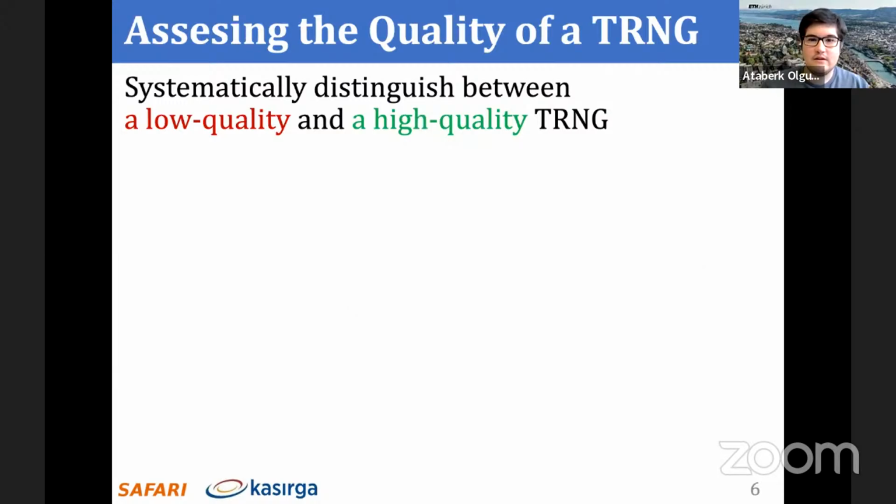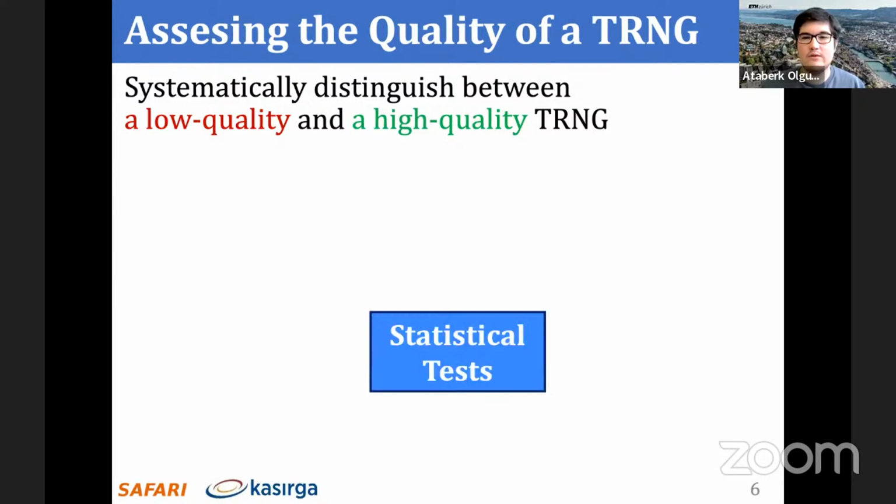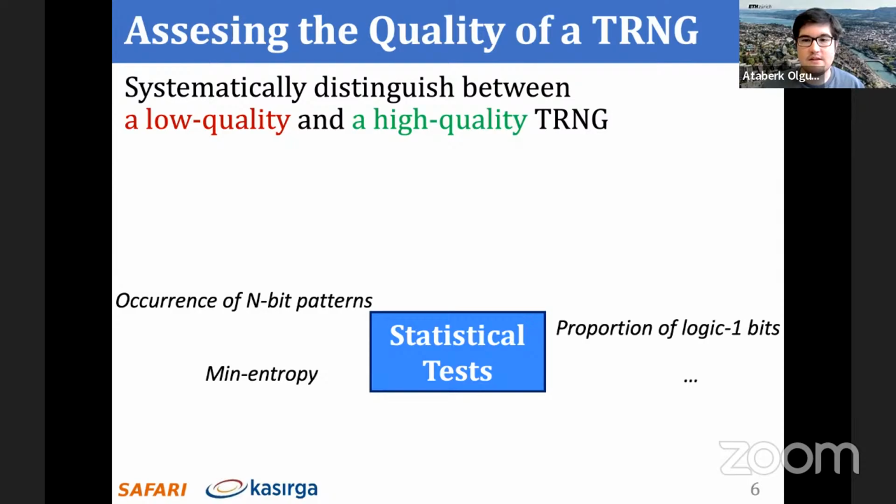One important characteristic of a true random number generator is its quality, and we need a way to measure the quality of a true random number generator to systematically distinguish between good and bad TRNGs. And one common way to do that is to conduct statistical testing on TRNG outputs. And these tests analyze the random bit streams and evaluate a number of their statistical properties to find patterns.